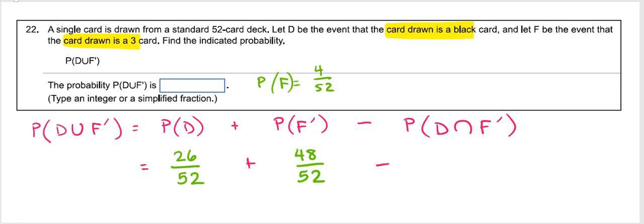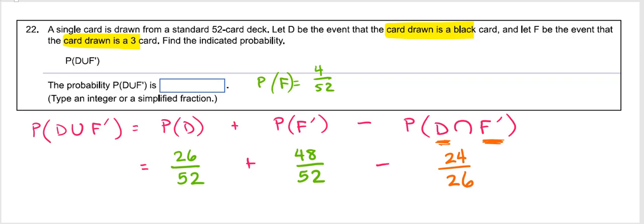For the event that it's a black card, there are 26 cards there. Of those 26 cards, there are 2 that are 3s. So the number of those 26 cards that are not 3s would be 24 of the 26.